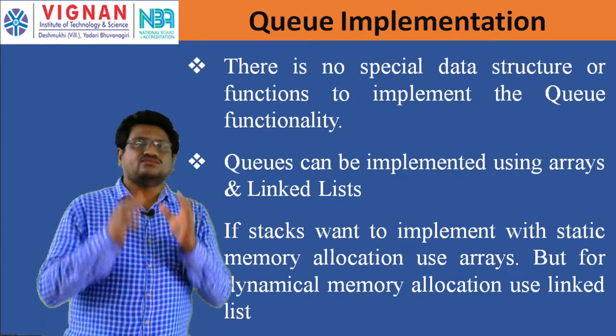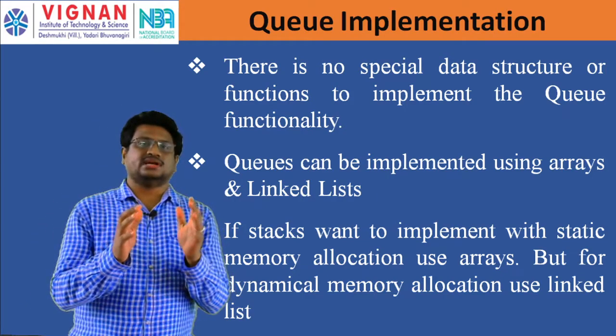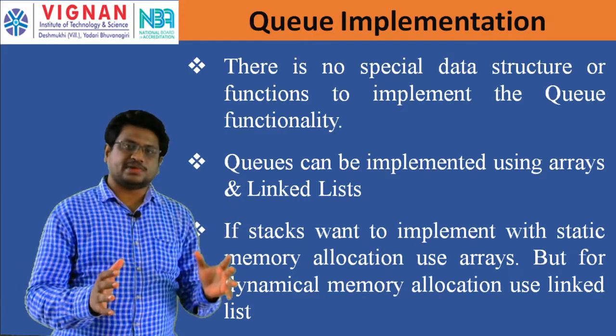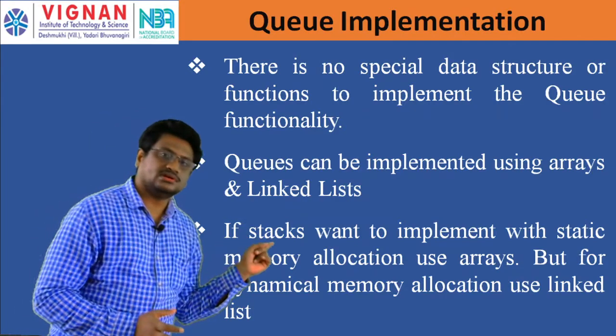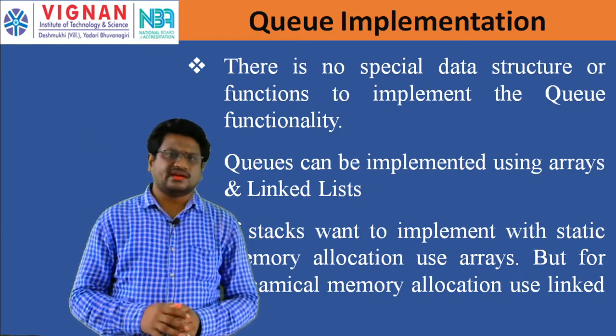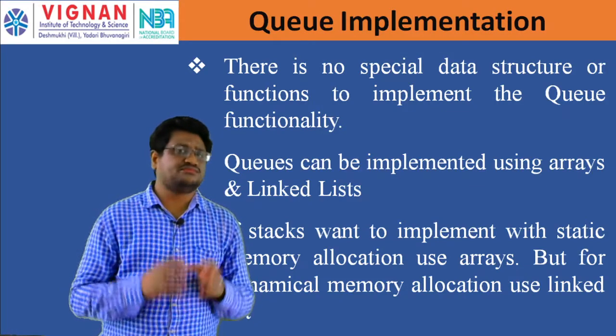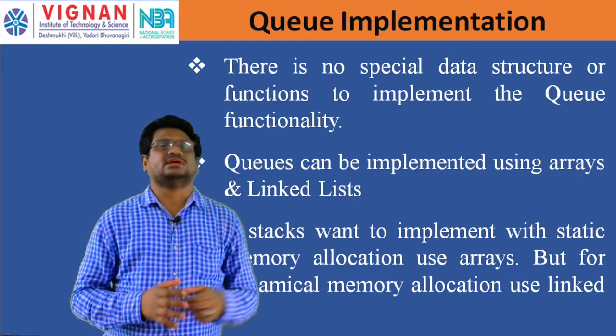If I have a fixed size of elements and the space at a single place, then I will use arrays. If I don't have that much space at one place, or I don't have a fixed size, then I will go for the linked list.